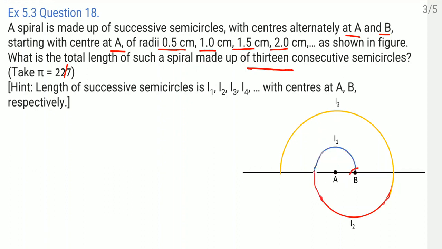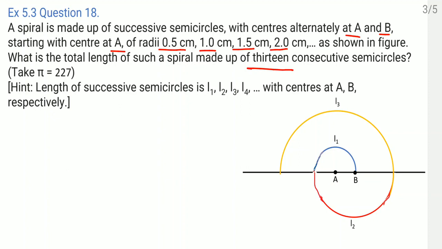Now center is B and this is the radius which is 1 centimeter, and then we are getting this semicircle. Okay. Now third time what will happen? Once again A as the center and this is the radius now, and then this is the semicircle. See, this one is the semicircle. So in this way slowly we have to measure length of all 13 semicircles and then we need to add all these lengths.